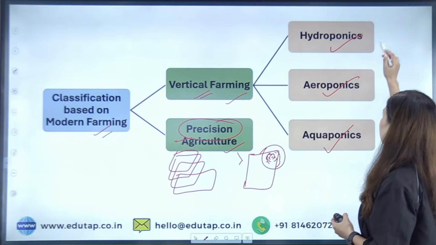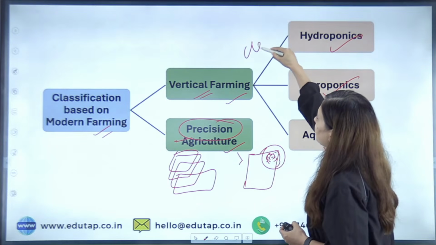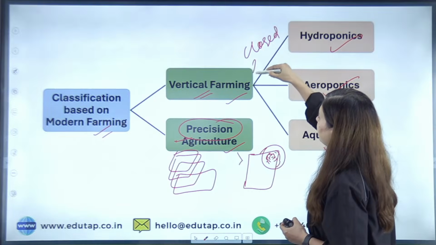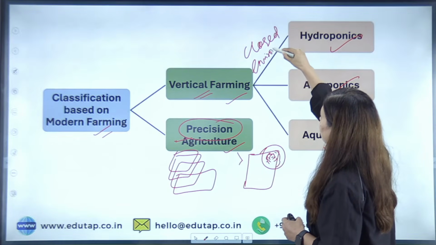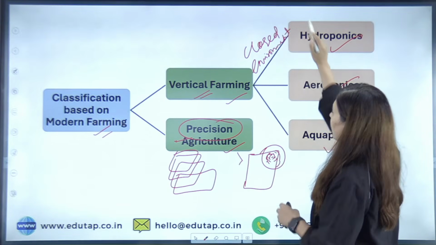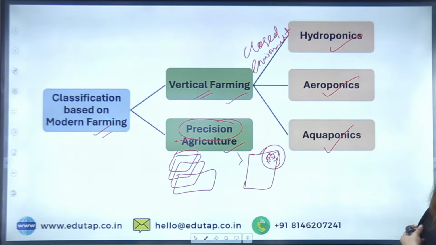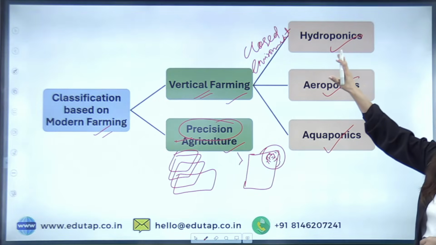Please understand, this is done in closed environment. Okay, so they are done in closed environment, and why they are done in closed environment?